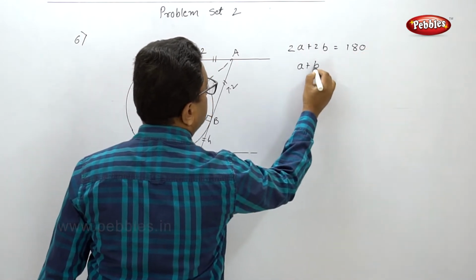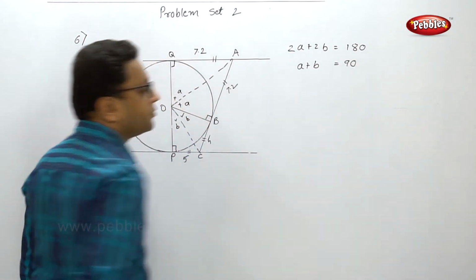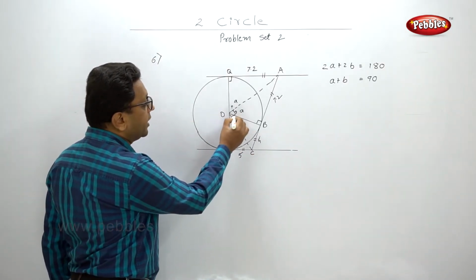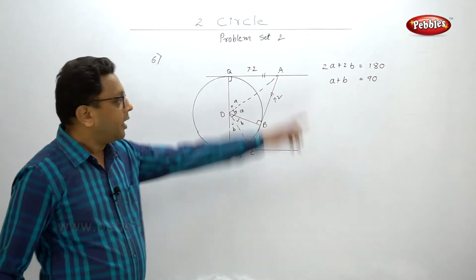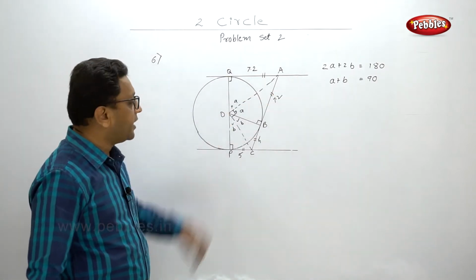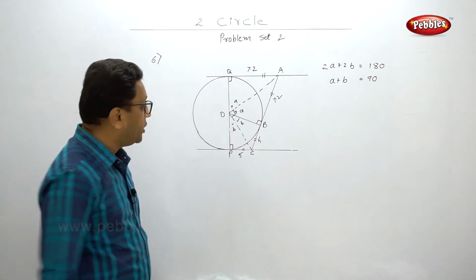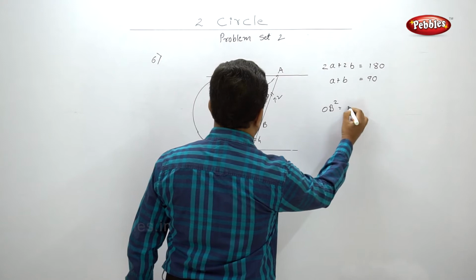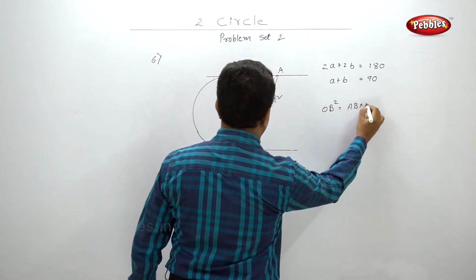So A plus B is equal to 90. Now here this is A plus B, so this angle is 90 degrees. So this is right angle. And by geometric mean property, we have OB square is equal to AB into BC.